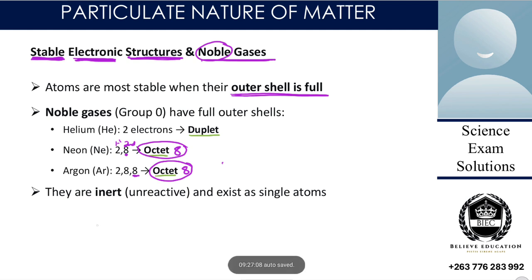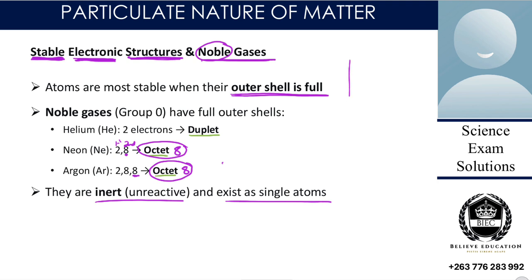So once they reach there, they are inert or unreactive and exist as what? Single atoms. And that's the only thing they do. Most of the noble gases are like that.